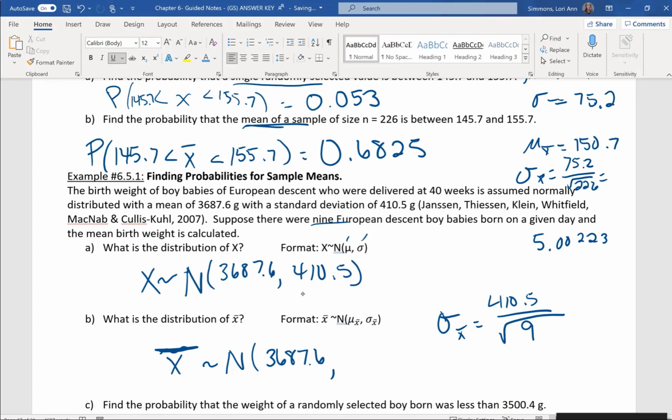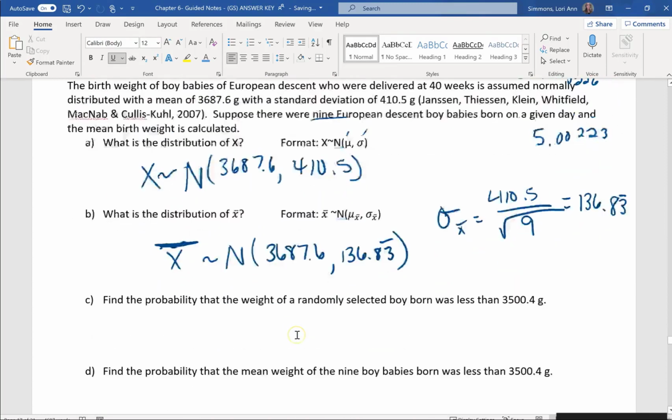So when you do that, you should get 136.83 for sigma x bar. And that 3 is repeating, so you can put a line over it. So 136.83 repeating. That's the distribution. So really it's just the formatting. It just looks a little different, but it's really not too complicated, right? Mu x bar is just equal to your mu.